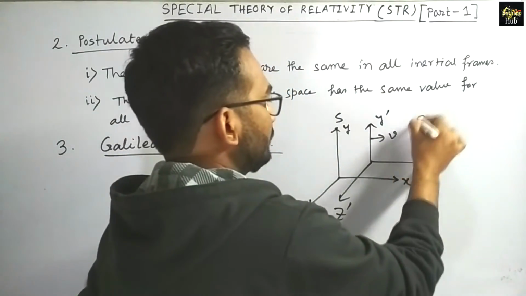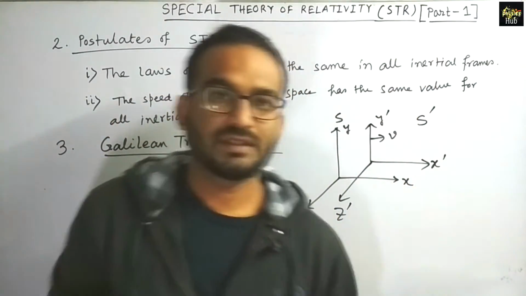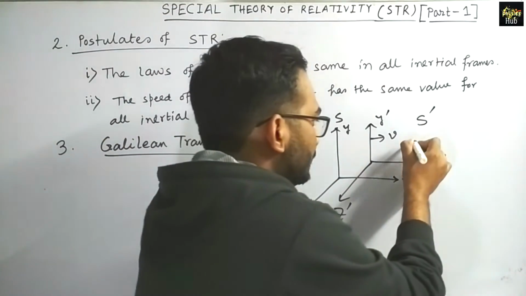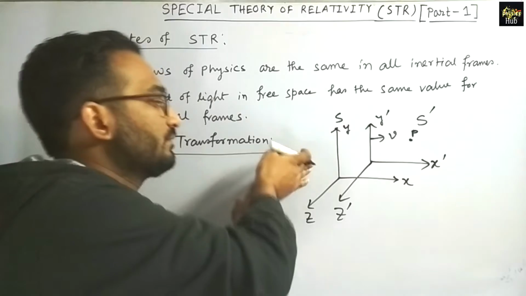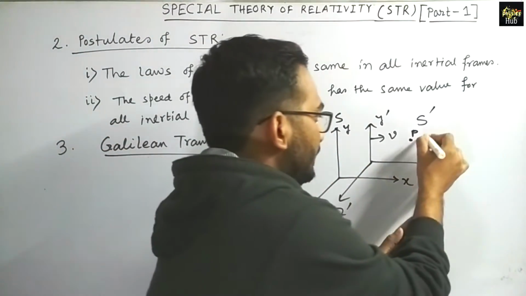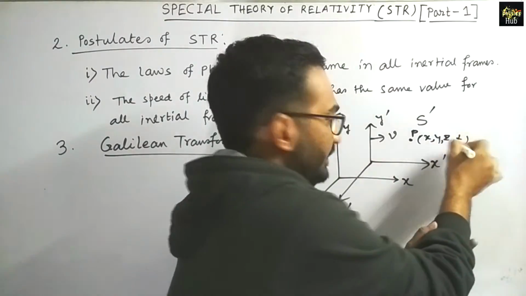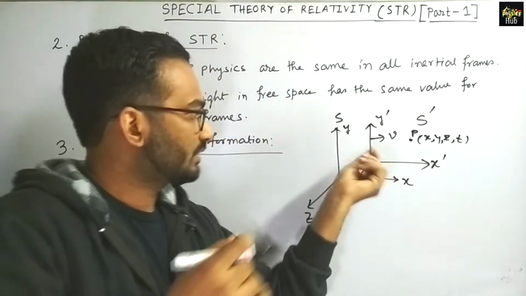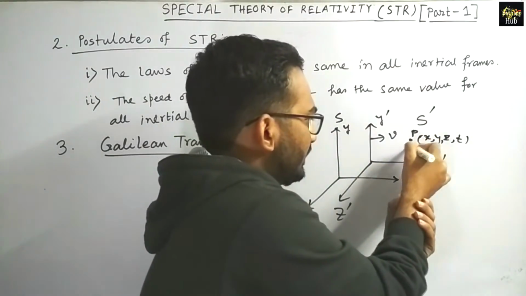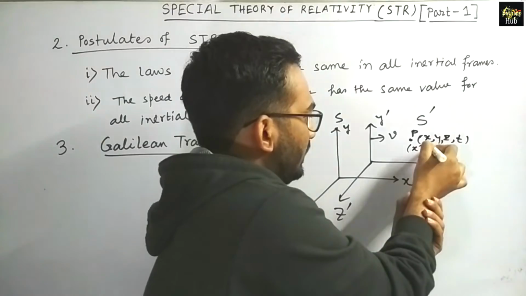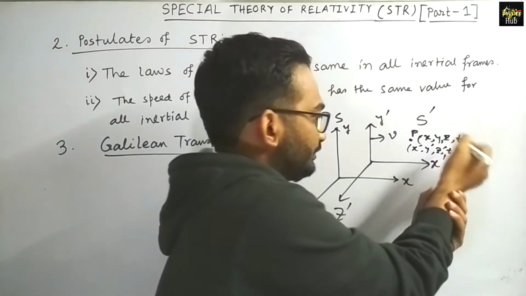Now we are considering some point P. With respect to the unprimed frame, the S frame, the coordinates will be written as x, y, z, and time t. And with respect to the S prime frame, the same point's coordinates will be written as x prime, y prime, z prime, and t.